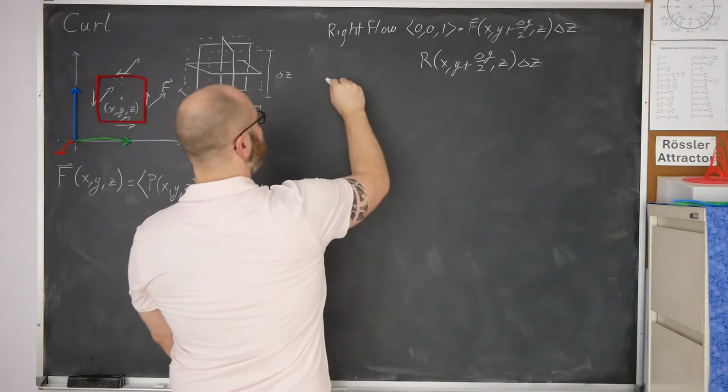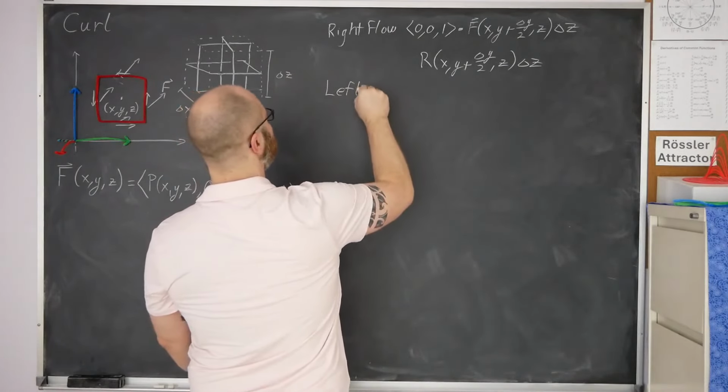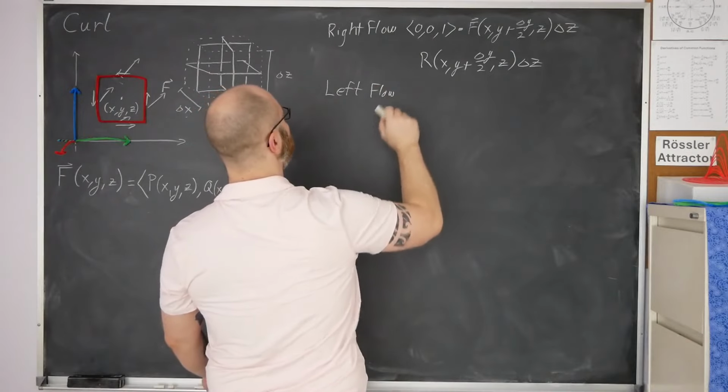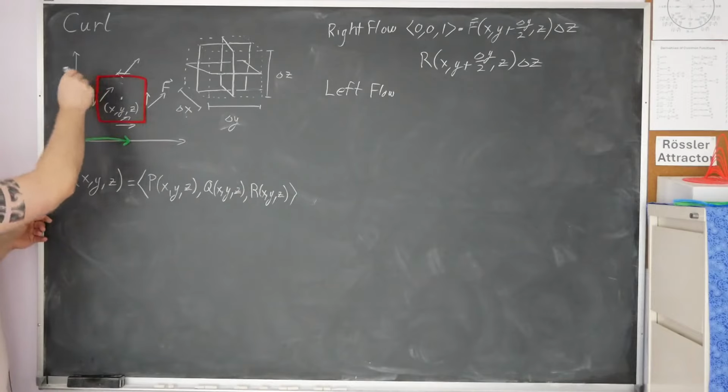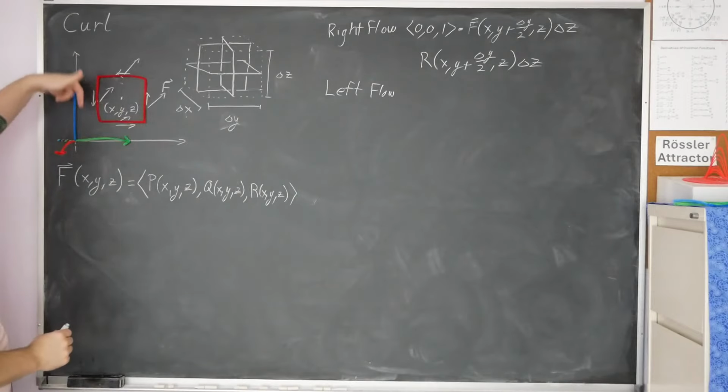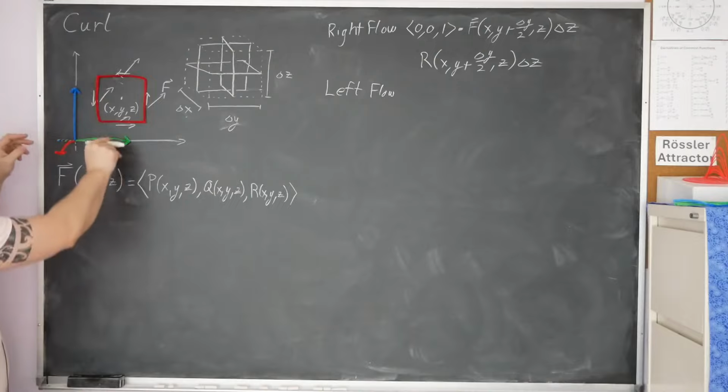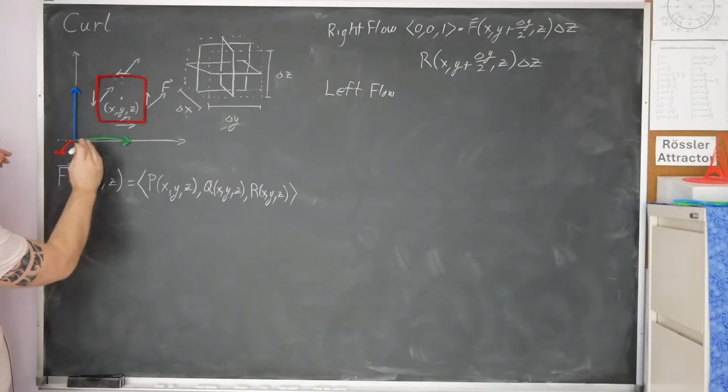Okay, now the left flow. That one has the unit vector for anti-clockwise flow pointing down, and down in this case is the negative z direction, and there's no y component, no x component.